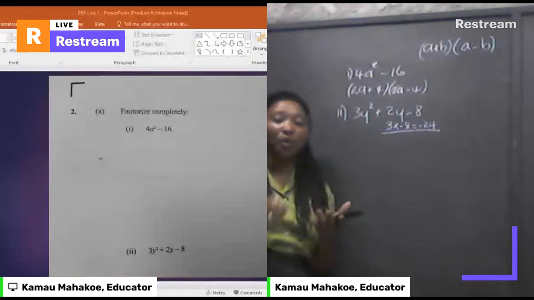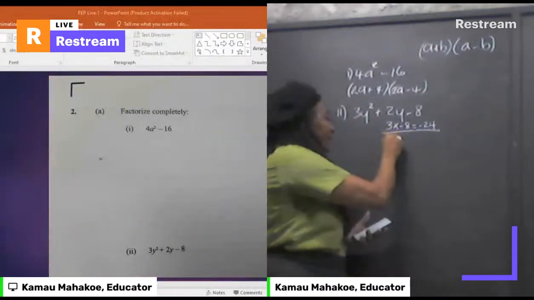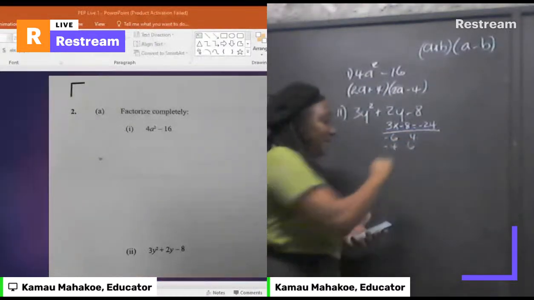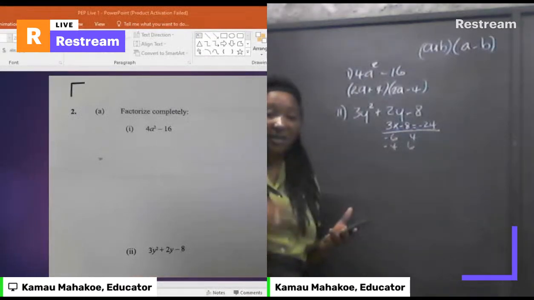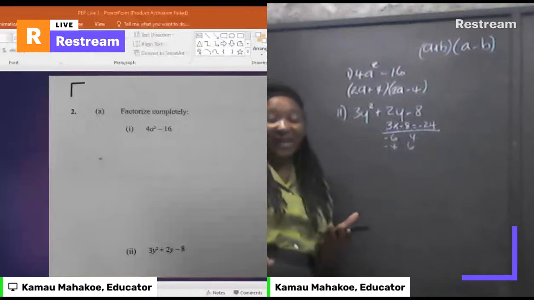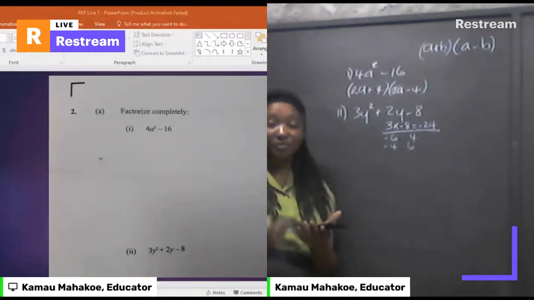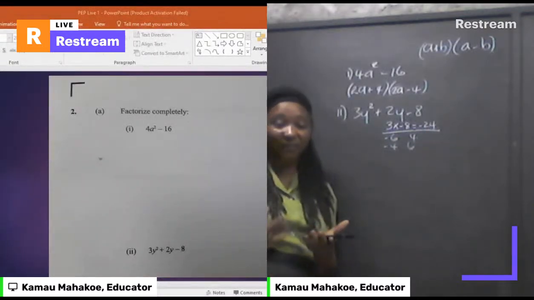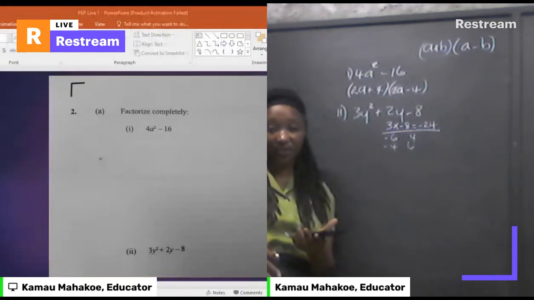Negative 6 and 4, negative 4 and 6. They both multiply to give a negative 24. Negative 8 and 3, negative 3 and 8. Negative 12 and 2, negative 2 and 12, and so on.